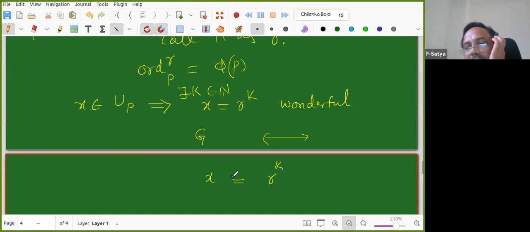Computing k once you know x and r is very difficult. We know that x is in U_p and r is a generator, but even then it is very difficult to compute k. It is a very hard problem, so people use it in financial transactions so that it is secure. Don't worry, I will come back to this later.